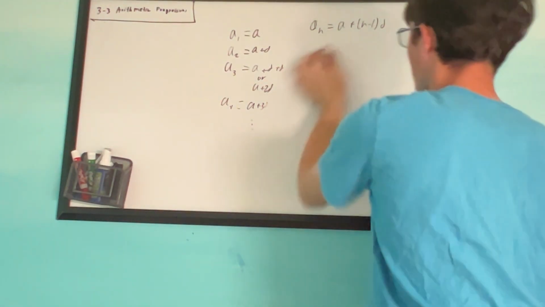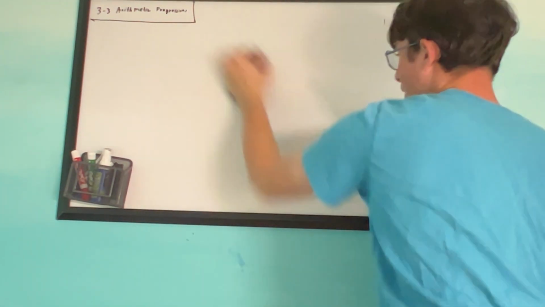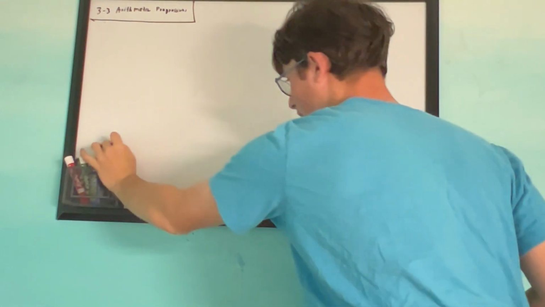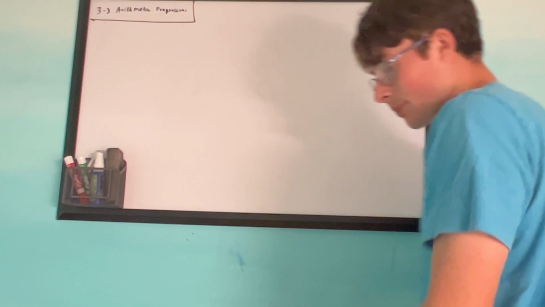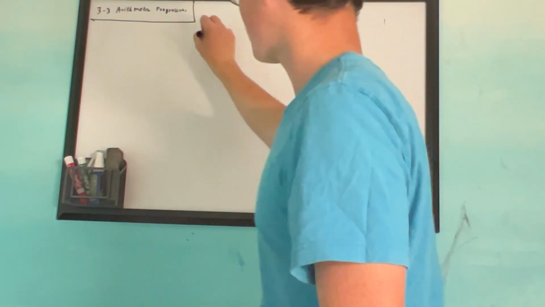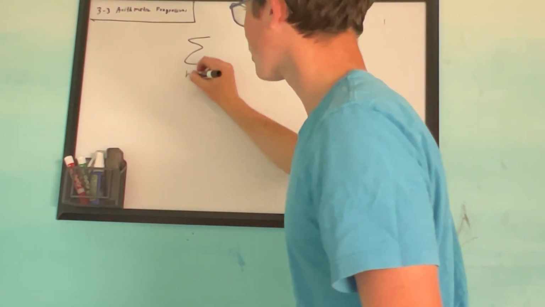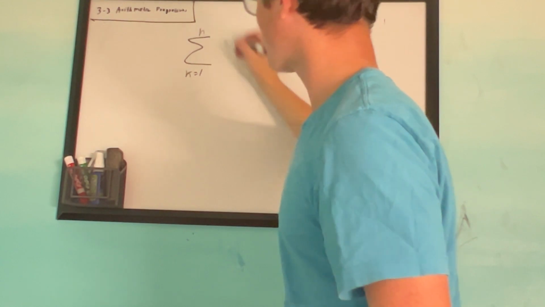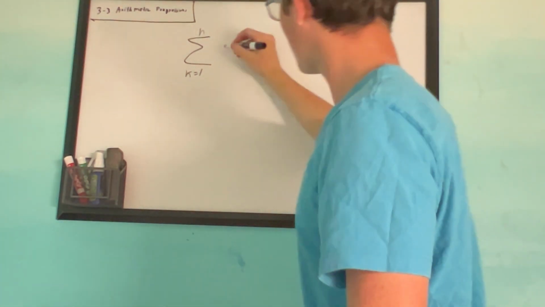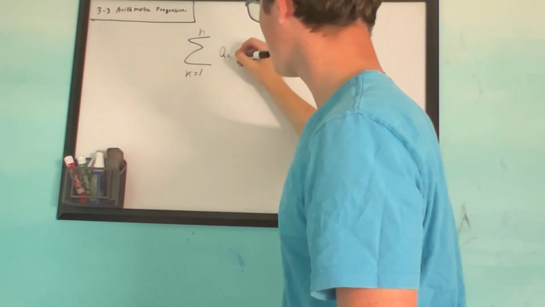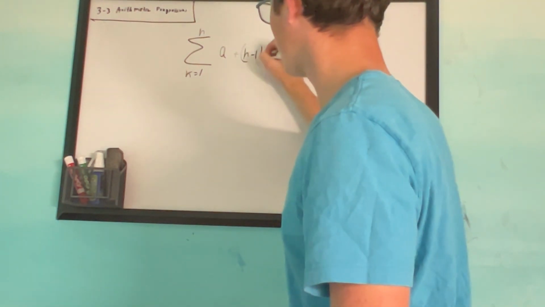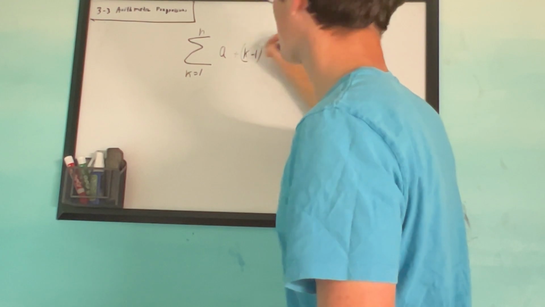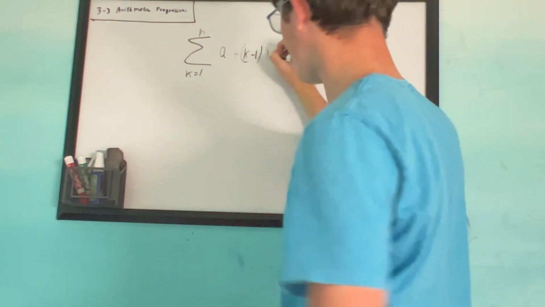And then on top of having a formula to figure out a given term of the series, we also have a formula to figure out the sum of the series, where we're going to define it as the sum from k equals 1 up to n of a plus k minus 1 times the common difference d.